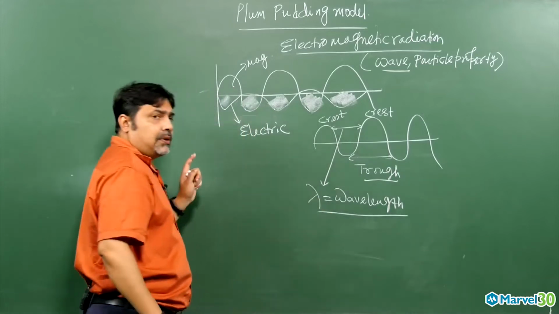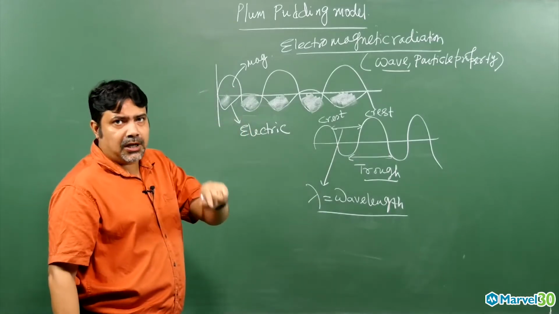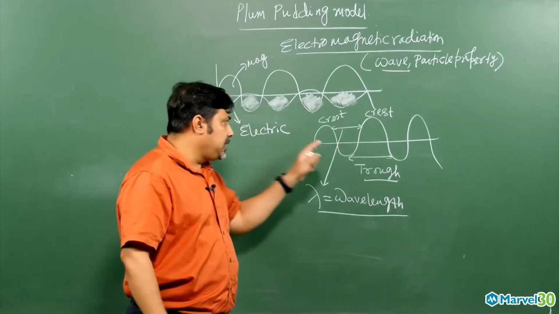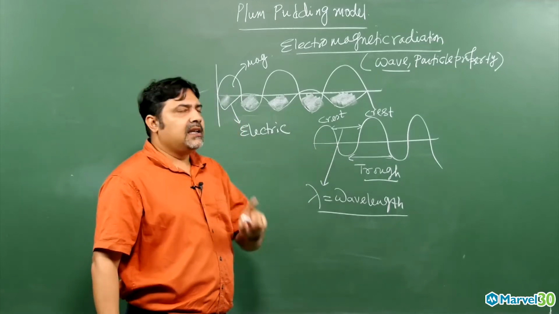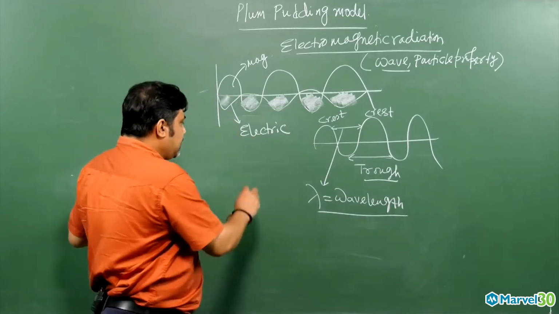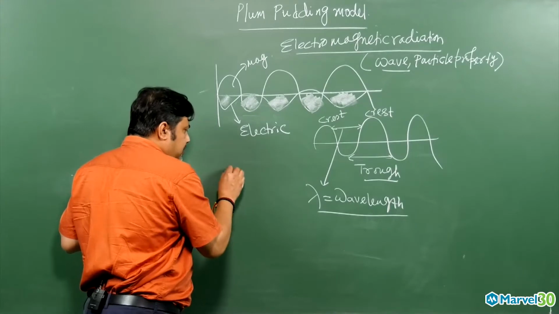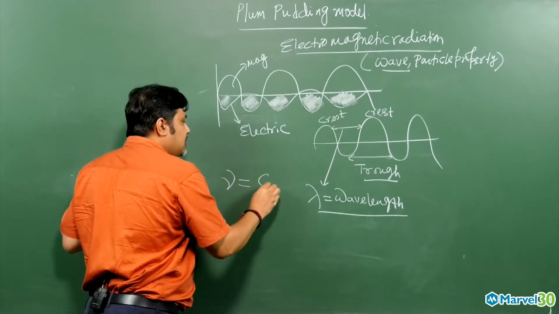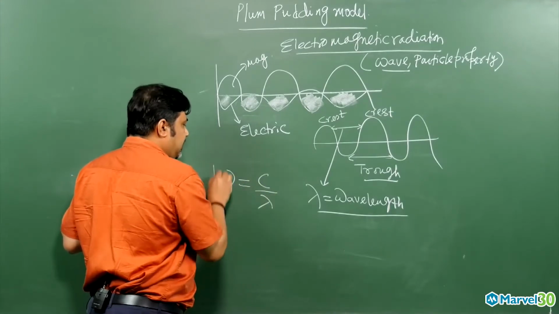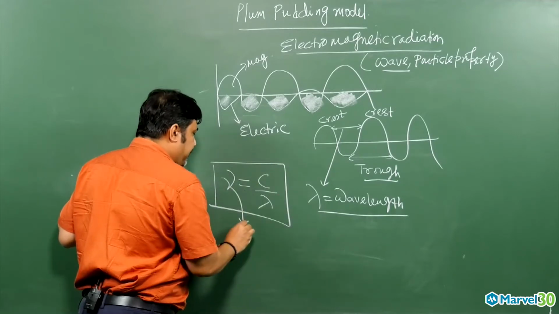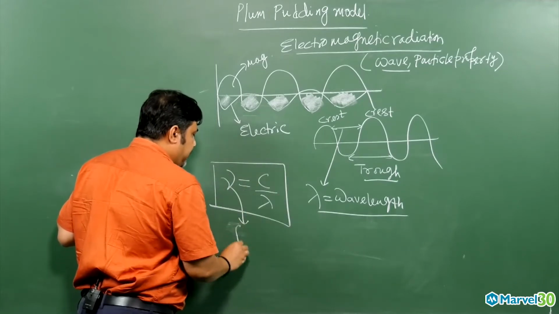The number of waves passing through a particular point per second is called the frequency. The relation is frequency ν = c/λ.